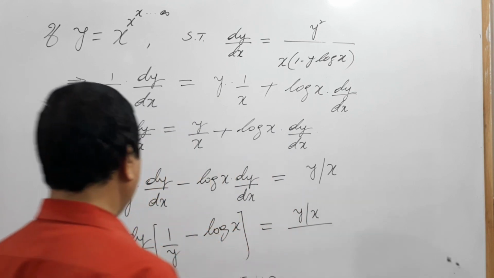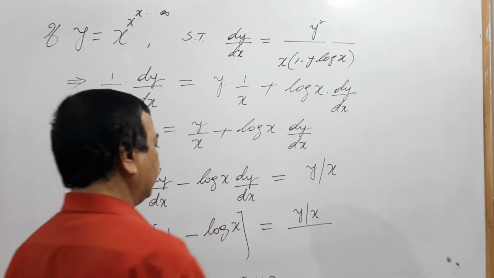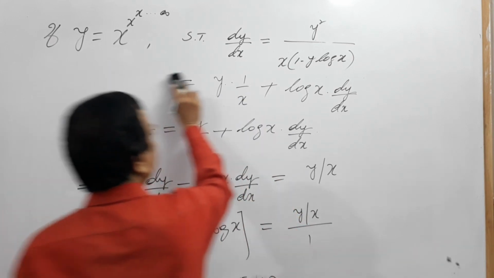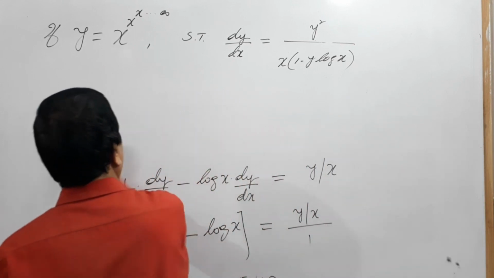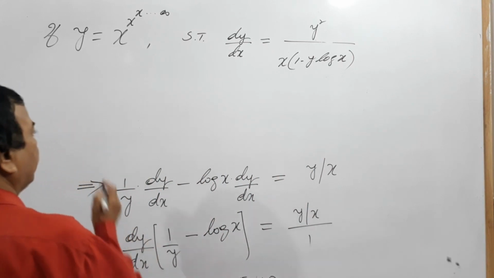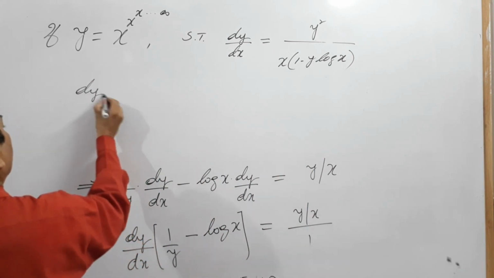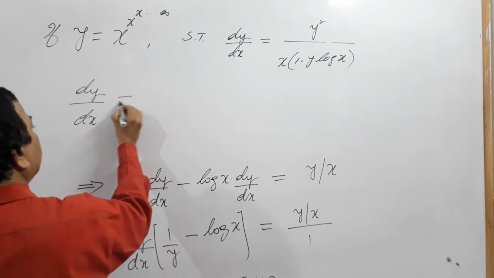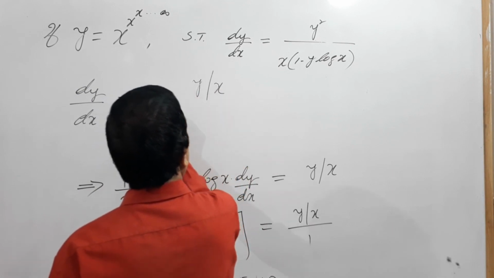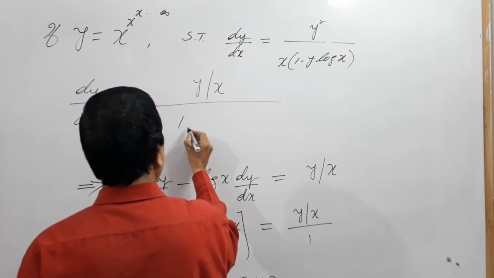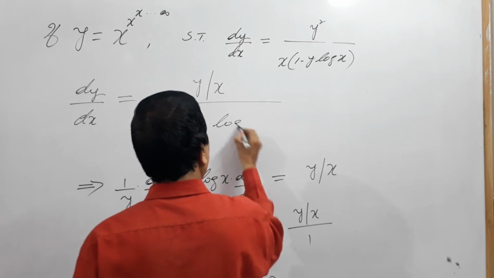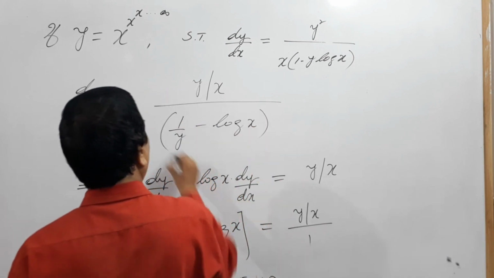Next I'll transfer this to the denominator. So what happens? dy by dx equals y by x divided by 1 by y minus log x.